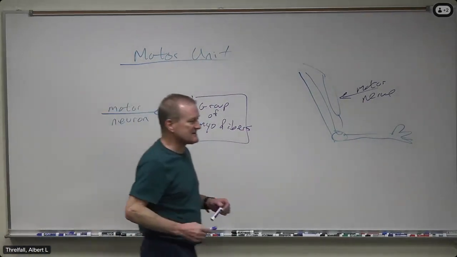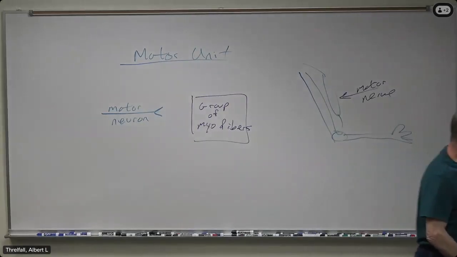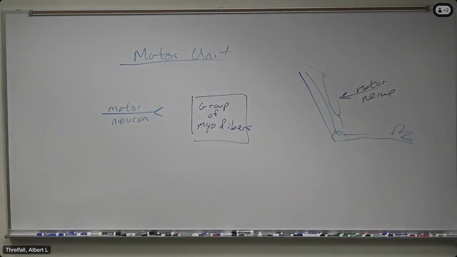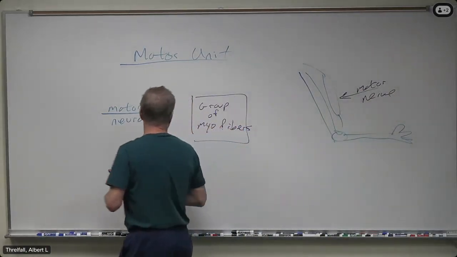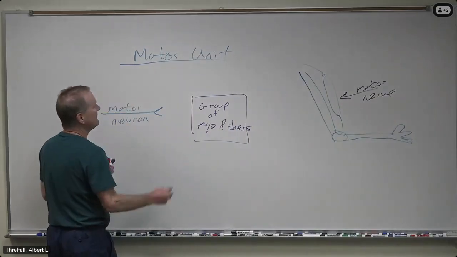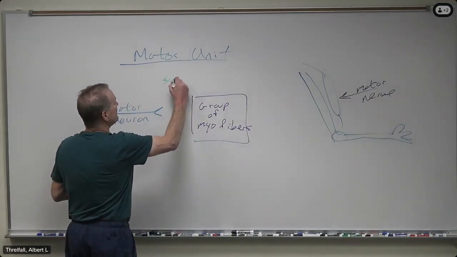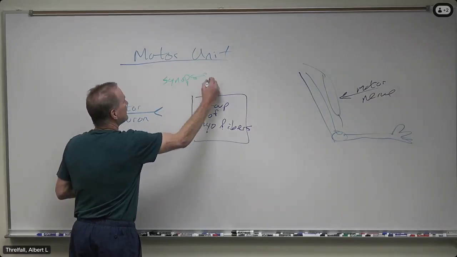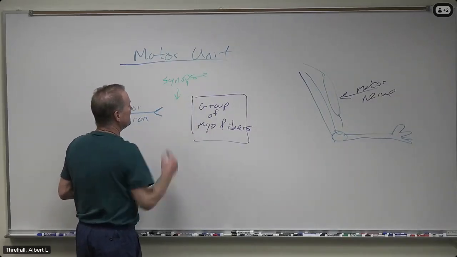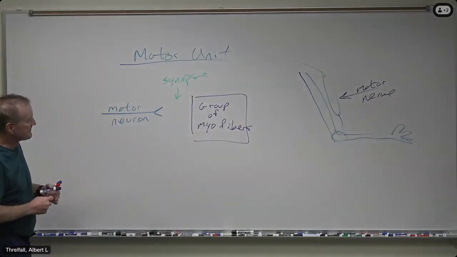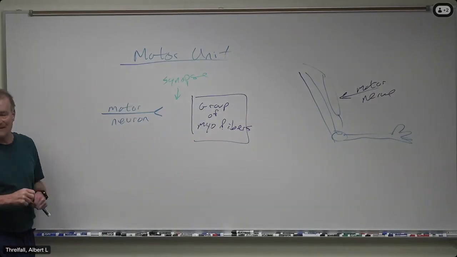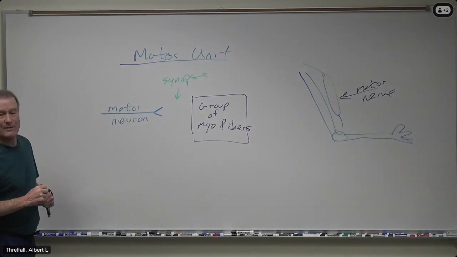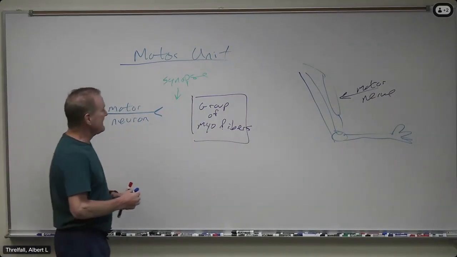But notice there's a space, physical space between the end of the neuron and the muscle fibers. Some of you know what this space is from Psych 101, called a synapse. Now, because this synapse is between a motor neuron and a group of muscle fibers, it has another name.